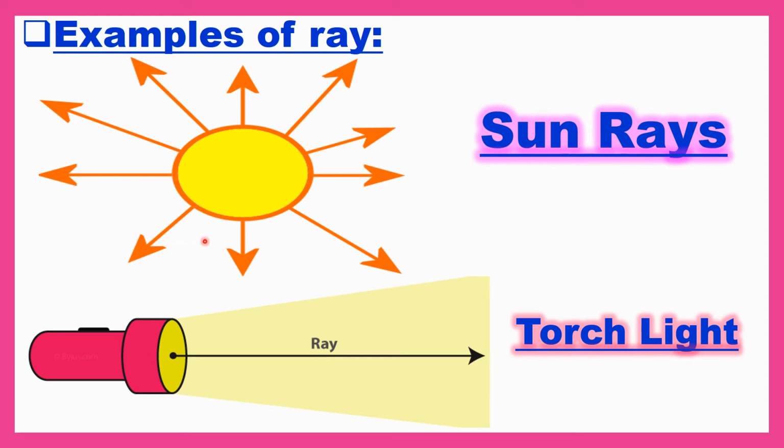So we can't measure it, such as the rays coming from a torch or rays coming from the sun, etc. We show the ray extends to infinity by putting an arrow in the direction in which the ray is moving. Ray is a part of a line. The point at which a ray starts is called the starting point of the ray.